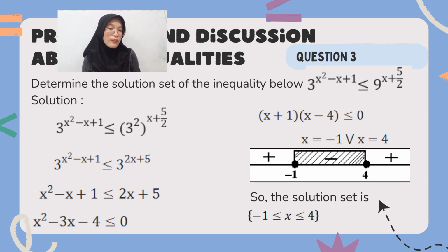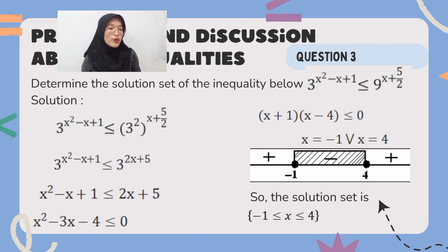Because the base is the same real number, we can compare just the exponents. So, we get x squared minus x plus 1 less than or equal to 2x plus 5. So, we get x squared minus 3x minus 4 less than or equal to 0.